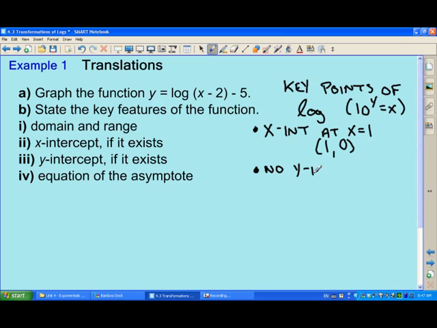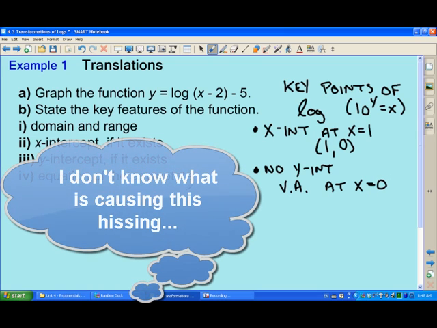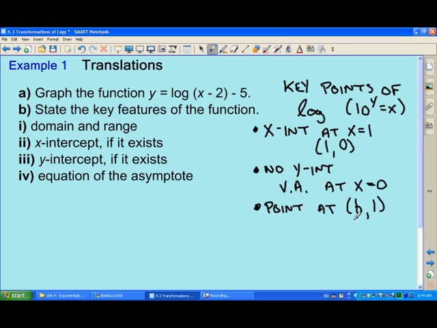There's no y-intercept because there is a vertical asymptote at x equals 0. There's also a point at whatever the base of the logarithm is and a y value of 1. In this case, since this is a common logarithm, we have a point at (10, 1). And we use this information to transform our function.